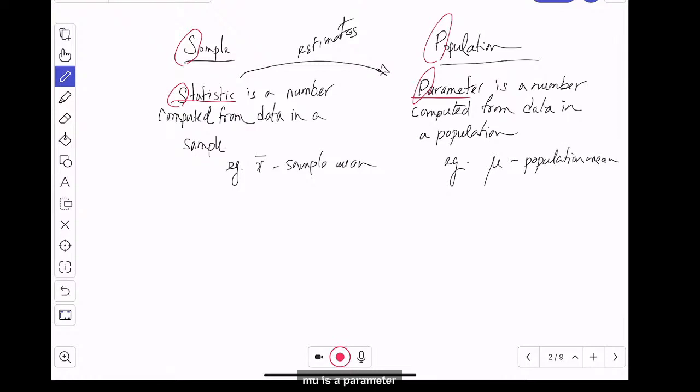Mu is a parameter. S, the sample standard deviation, aims to estimate the true or population standard deviation.